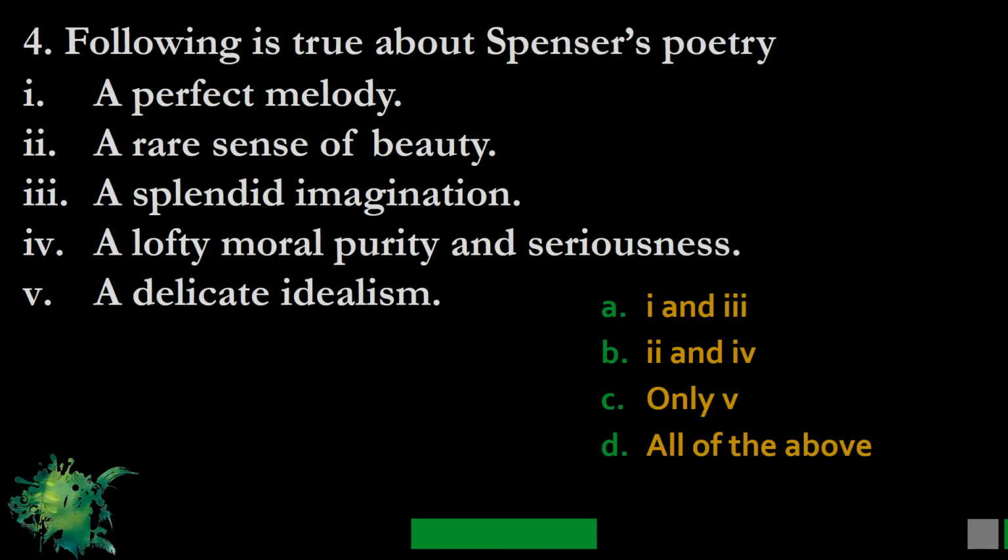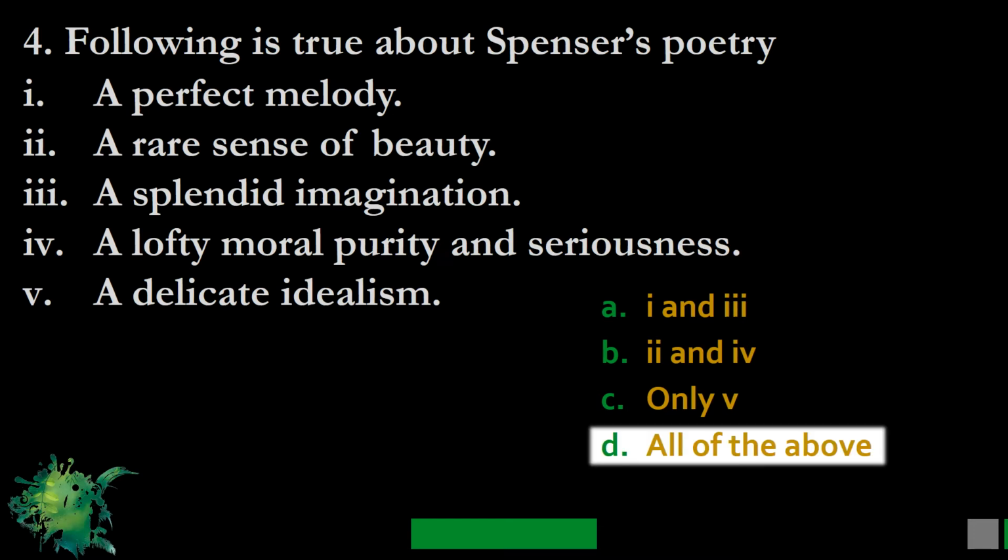Number 2, a rare sense of beauty. Third, a splendid imagination. Fourth, a lofty moral purity and seriousness. And fifth, a delicate idealism. And options are A 1 and third, B second and fourth, C only fifth, and D all of the above. And the correct option is D all of the above. So all these statements are true regarding Spenser's poetry.